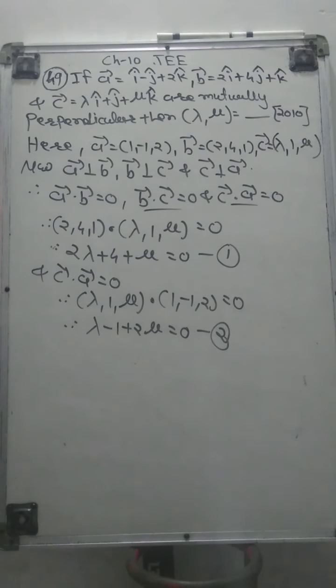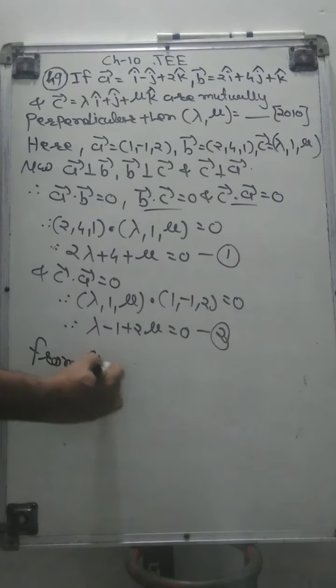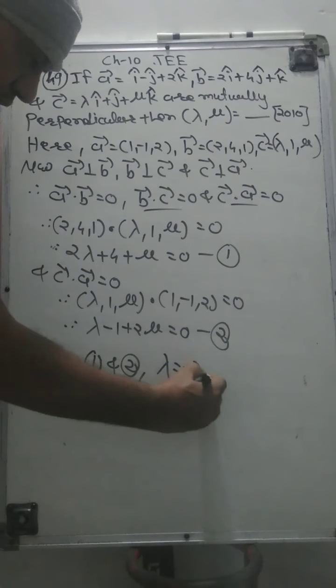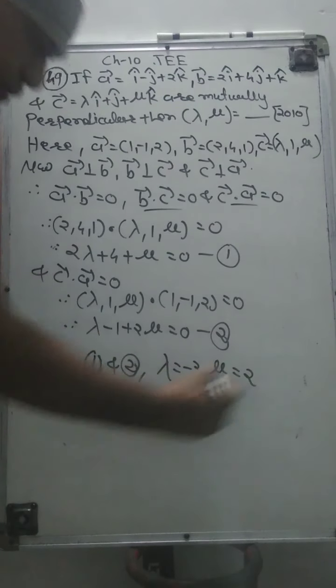From 1 and 2, if we eliminate, then we have lambda is equal to minus 3 and mu is equal to 2, right?